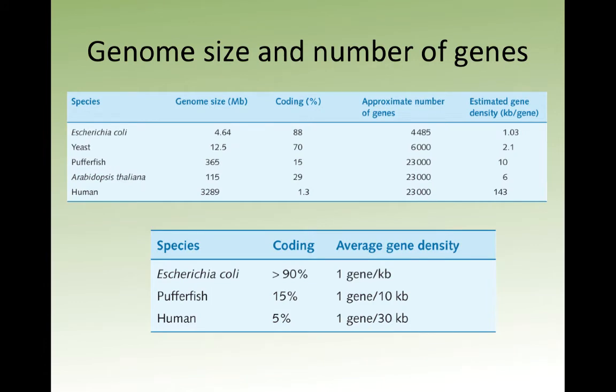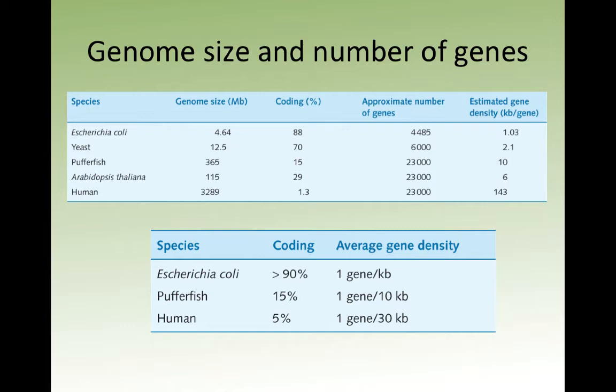So there's genome size, but what about number of genes? Do we see a correlation there? If we're going to think about complexity, the more genes you have, the more complex you are, so you probably need more genes, correct? We would generally assume so. If we look across a range of different organisms, E. coli, yeast, pufferfish, the plant Arabidopsis, and humans, we see a decrease in gene density as genome size increases.